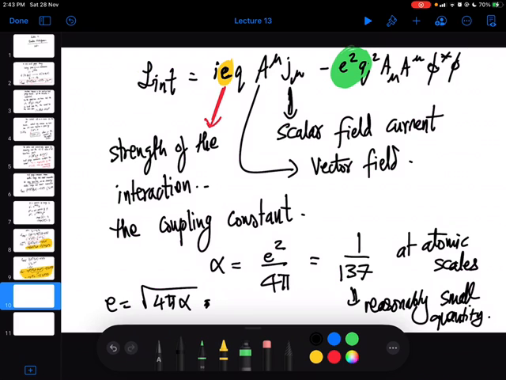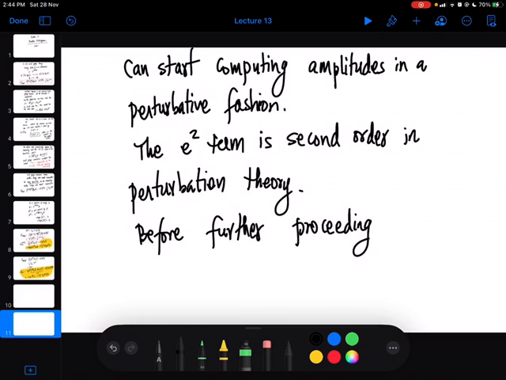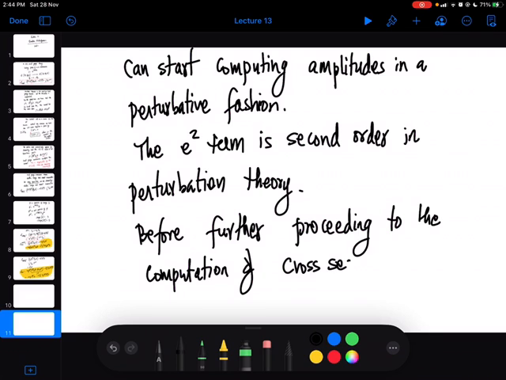So now, before going to the computation of cross sections, let's try to understand what this field A is.